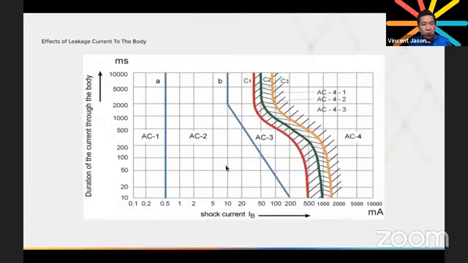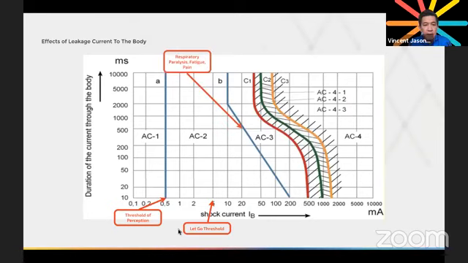Now, what happens if we do experience leakage current in our body? This is according to the IEEE. At 0.5 milliamps, this is what we call the threshold of perception. That's almost instantaneous exposure to about 10 milliseconds. At about 5 milliamps, this is what we call the let go threshold. At about half a second, at about 20 milliamps, respiratory paralysis, fatigue, and pain.